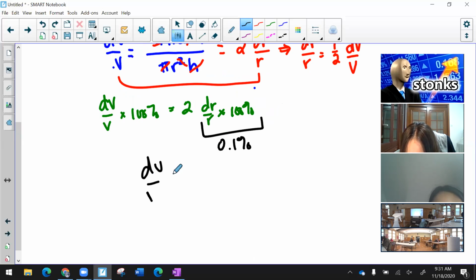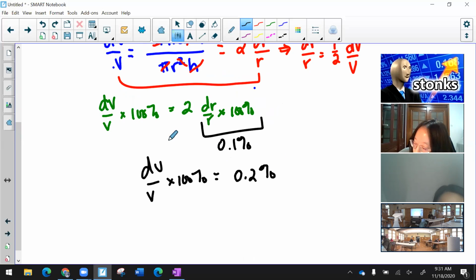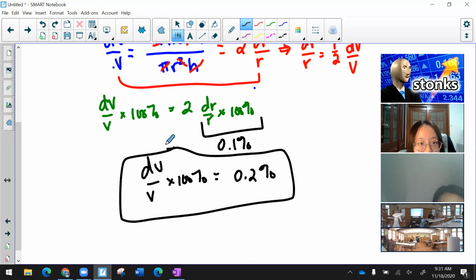So that tells me that dV over V times 100%, which is the percent change, which is what I'm looking for, is 0.2%. All right, not magic, not rocket science, just unfamiliar. Again, not a really big part of the AP Calc exam, but something that you should know about.